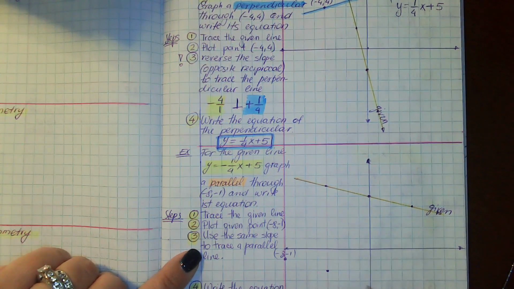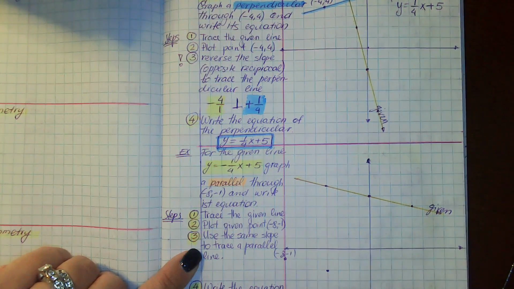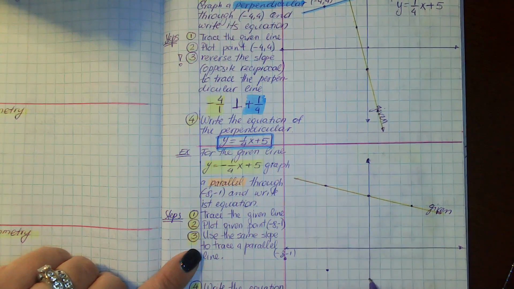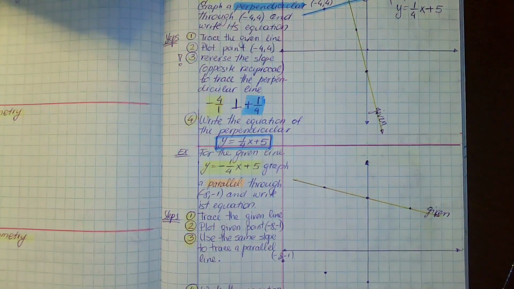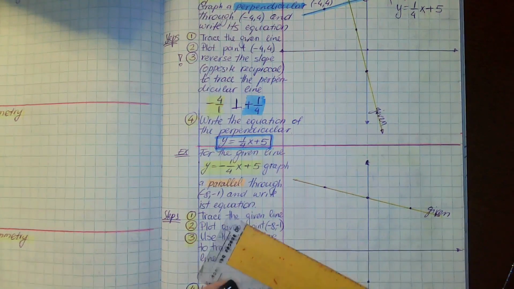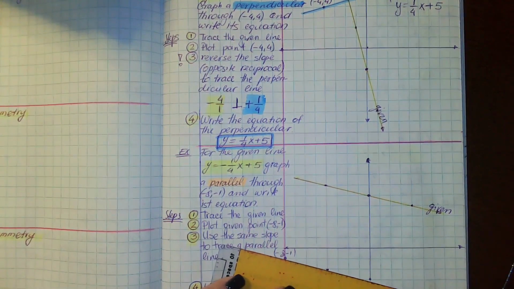Is that enough? No, we need to identify that y-intercept because we need to write the equation for that parallel line. So we go down 1 over 4 again. Here we crossed the y-intercept, so good. But why not? Let's go down 1 over 4 and use multiple slope counts for consistency. And when you connect those points, you're going to have a nice, accurate line.